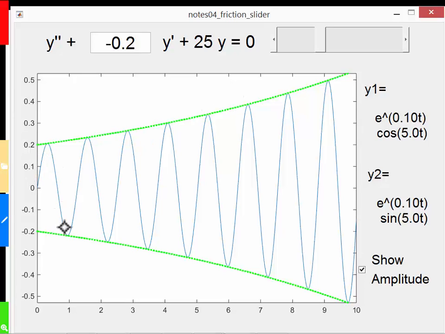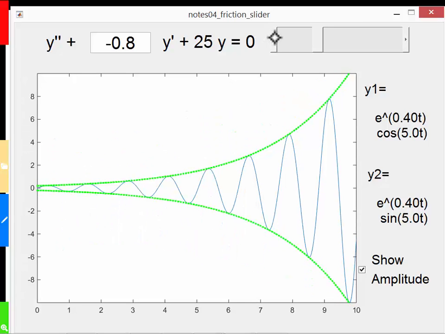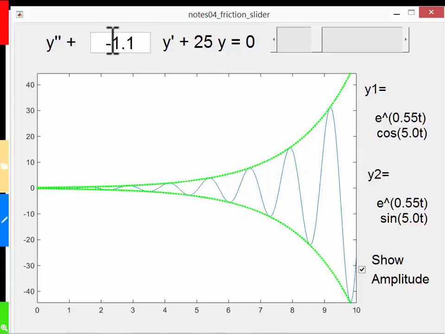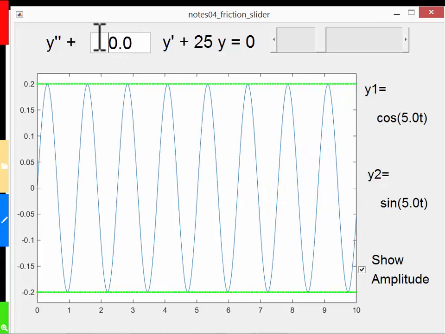Notice the amplitude's about the same as before, about 0.2 to start, but then it grows more quickly, and again, we would get just crazier and crazier things as we use a more extreme negative damping coefficient. So that's why we must get the signs right, or our predictions become quite suspect if we're talking about a physical system here.